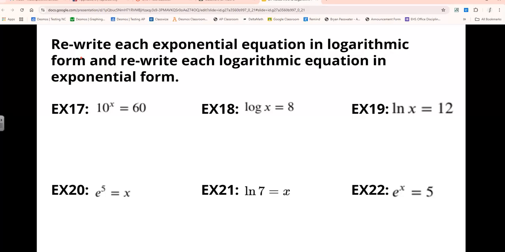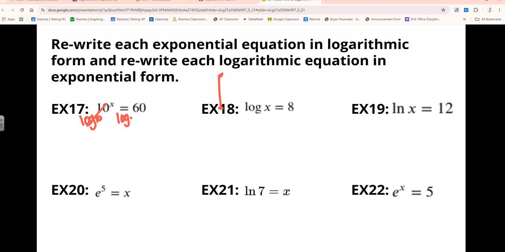Let's do a few of these. These are like what we were already doing, but they're the special logarithms. So they're either common logs or natural logs. Whenever I look at number 17, Emma, what's my base on number 17? 10. So it would be perfectly fine for you to do log base 10 to get rid of that 10.